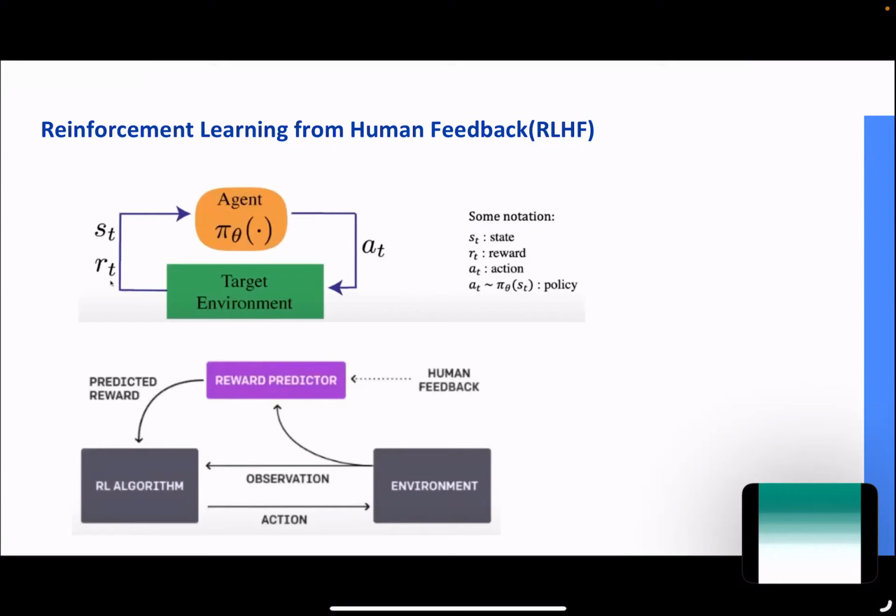For example, if the agent performs an action and the human says it is the correct action, then a reward in the algorithm is given to the agent, saying that you are doing good and this is the right direction you are going in.